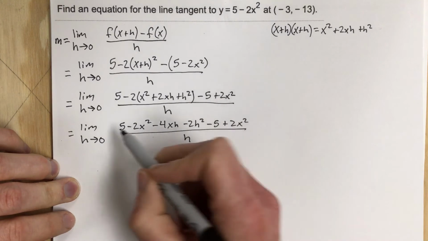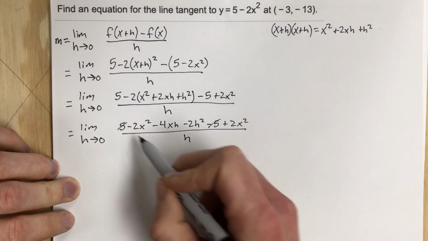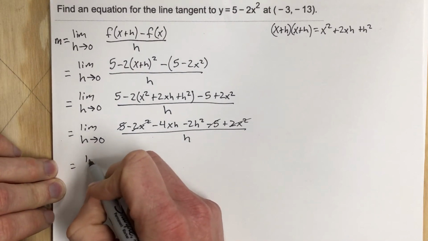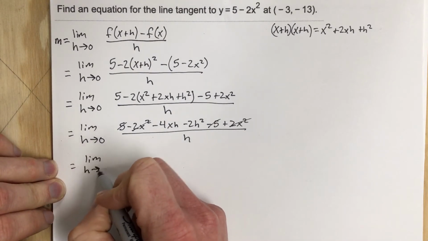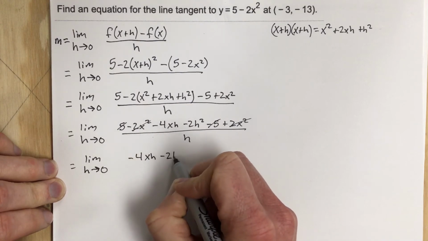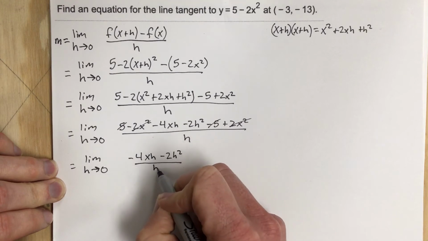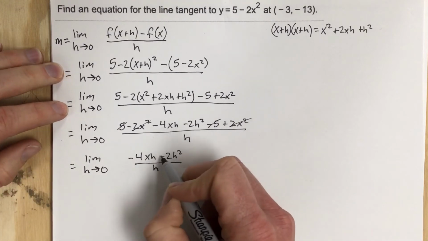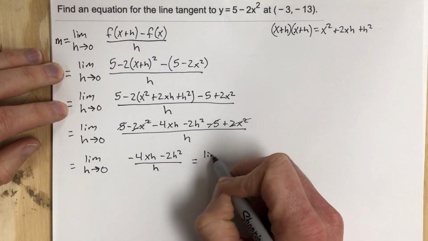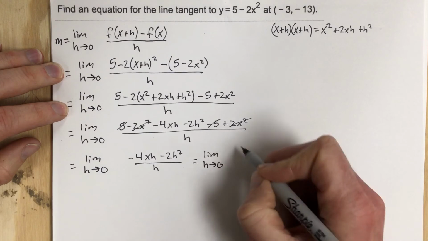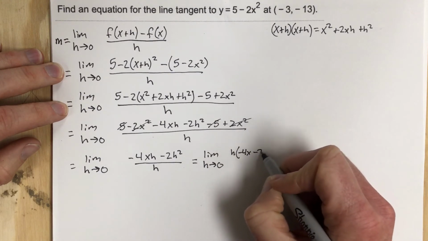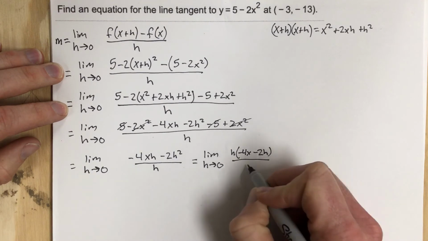I can cancel some stuff. 5 and negative 5 cancel. Negative 2x squared and 2x squared cancel. And I'm left with limit as h approaches 0 of negative 4xh minus 2h squared all over h. I need to factor out h in the top, so that's equal to limit as h approaches 0 of h times negative 4x minus 2h all over h.